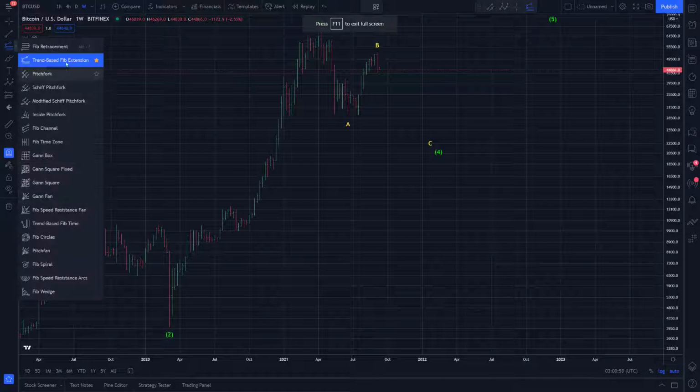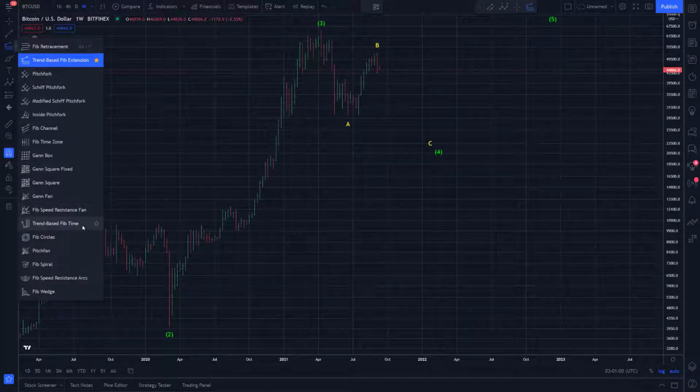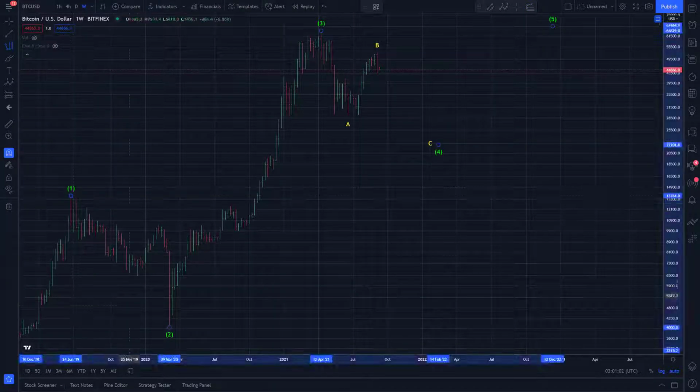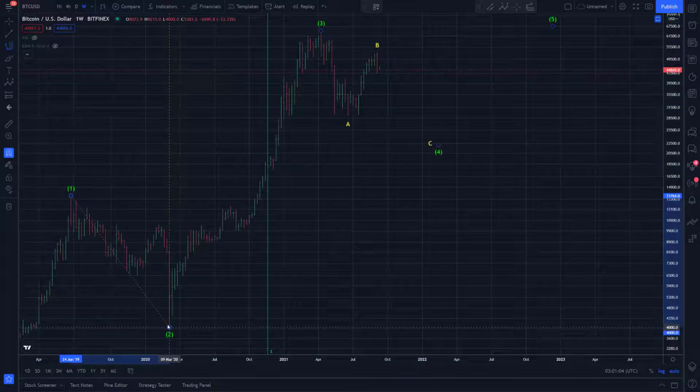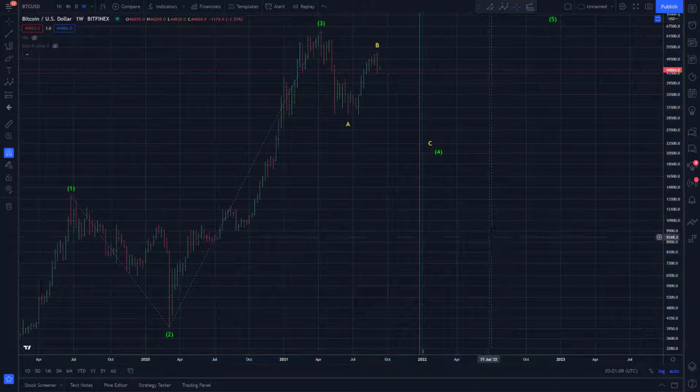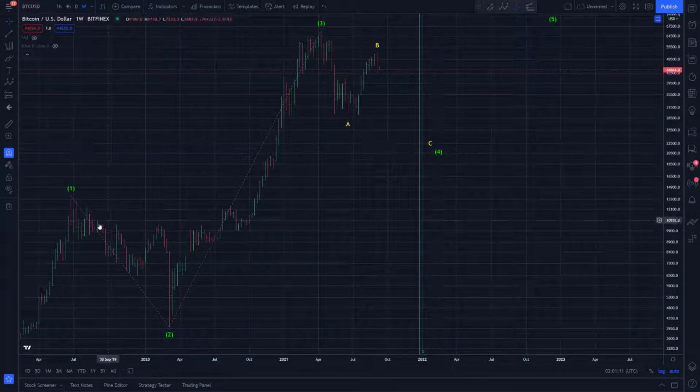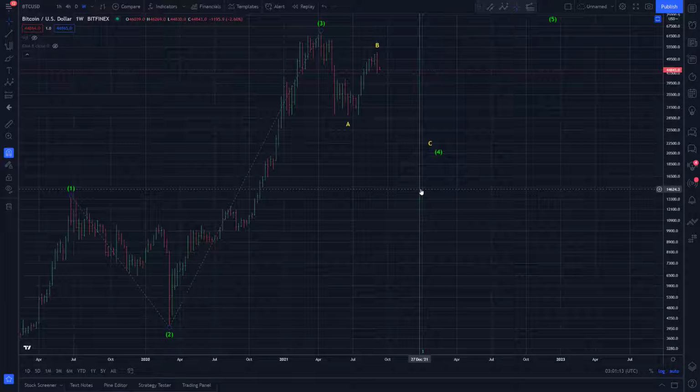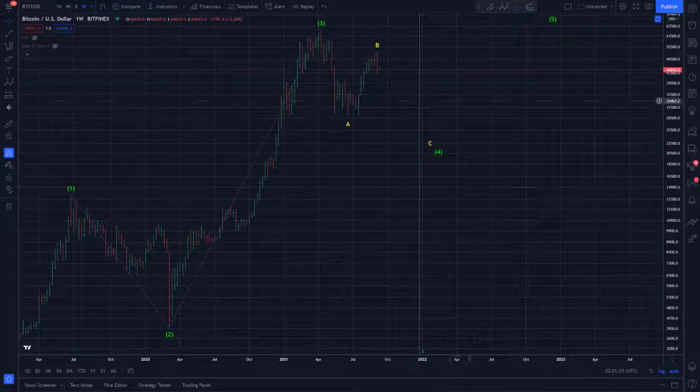So looking at the time relationship, we'll just measure the amount of time that was consumed in wave 2, project off of where wave 3 ended here. And if wave 4 just simply lasts the same amount of time as wave 2, that would bring us to roughly the end of December of this year.